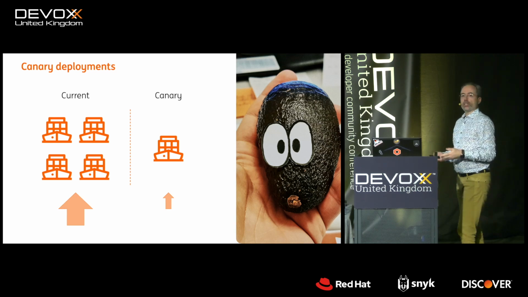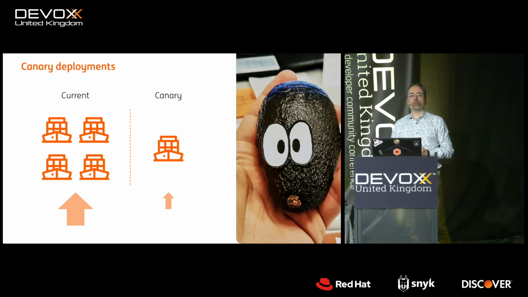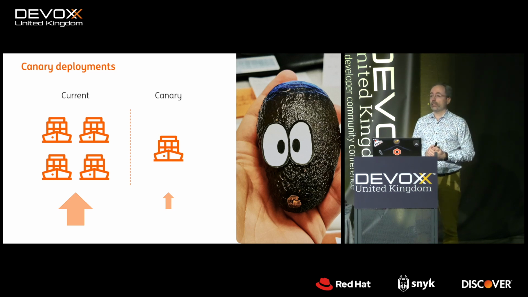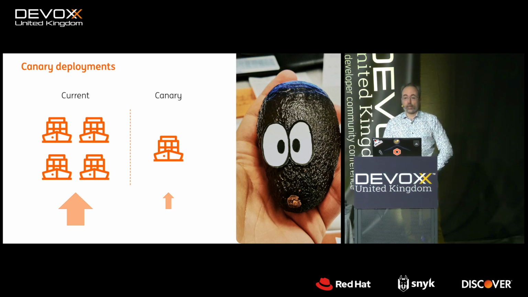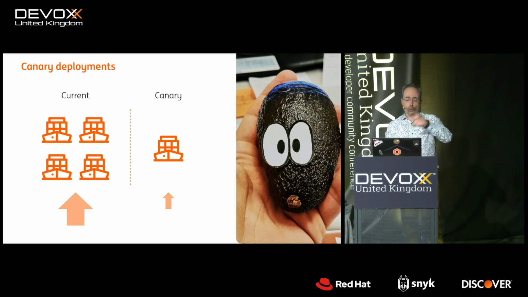Hence, another strategy that is strongly recommended for teams is a canary deployment. Now, I'm pretty sure all of you are familiar with the canary in the coal mine metaphor and the poor canaries that were taken into the coal mines to warn the miners when the air was becoming too poisonous for them. We do the same thing with services. The current service versions are kept running.